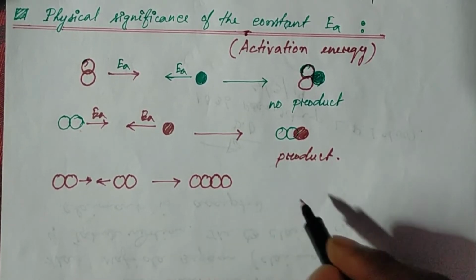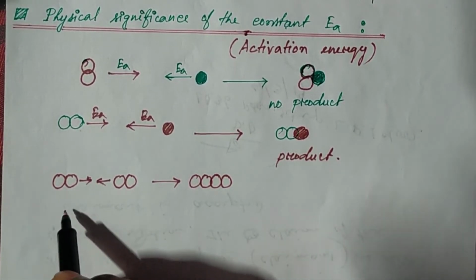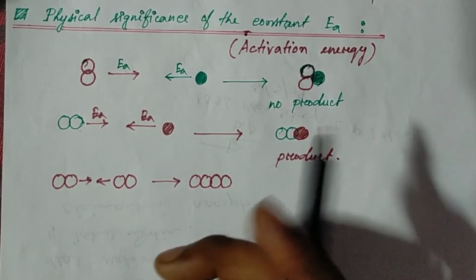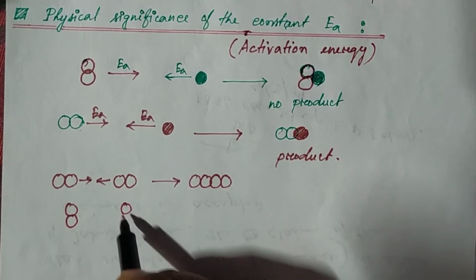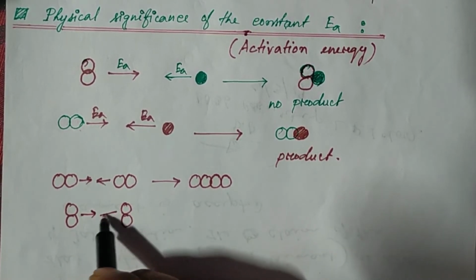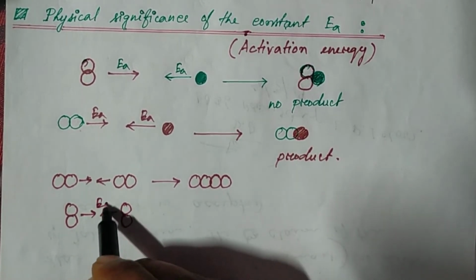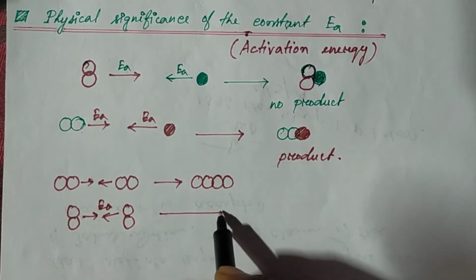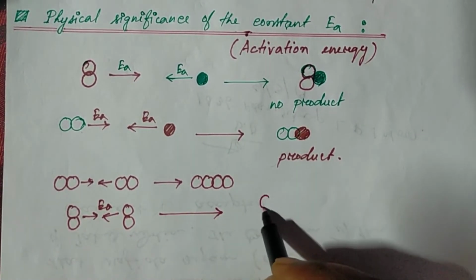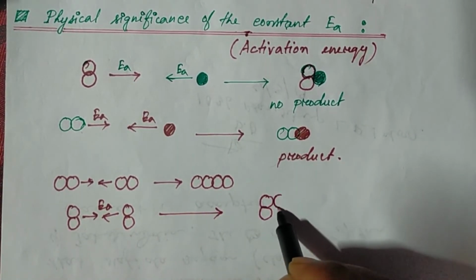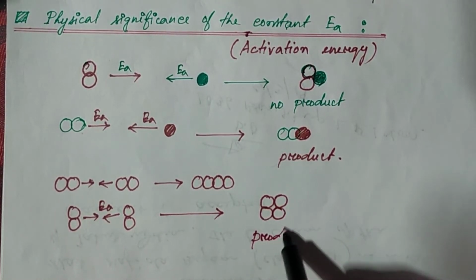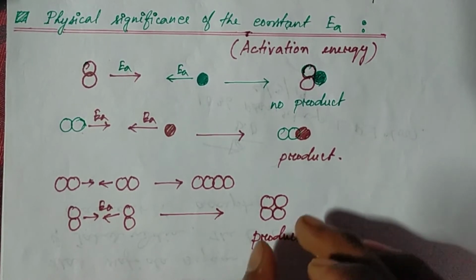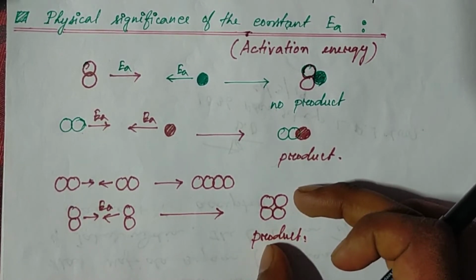But if these two molecules are in a different arrangement, like this, and they collide with sufficient energy, then it will give this type of product, so it will be the major product.